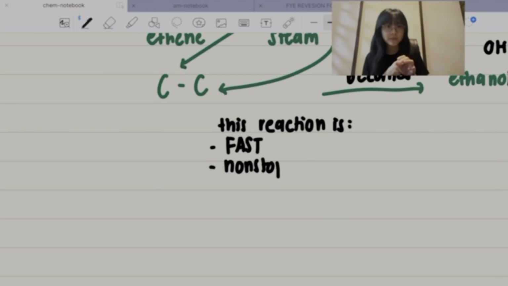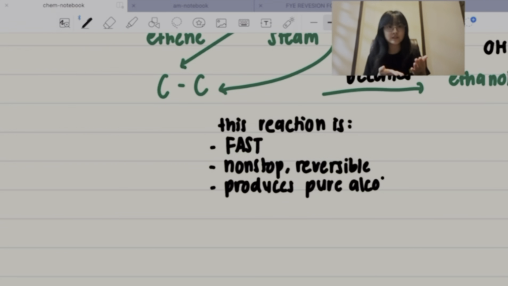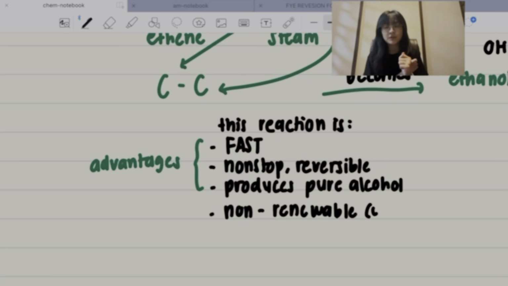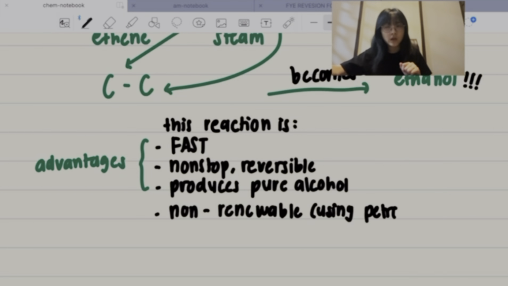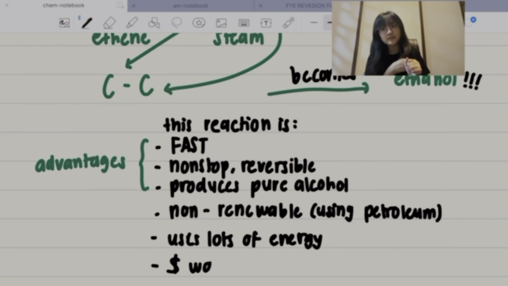It's also non-stop and reversible, and it produces pure alcohol, which is why this reaction is very good. So these are the advantages of this reaction. But you'll be using alkene, which is petroleum, so it's non-renewable, and a lot of energy will be needed for this reaction, which is why a lot of money will be wasted.